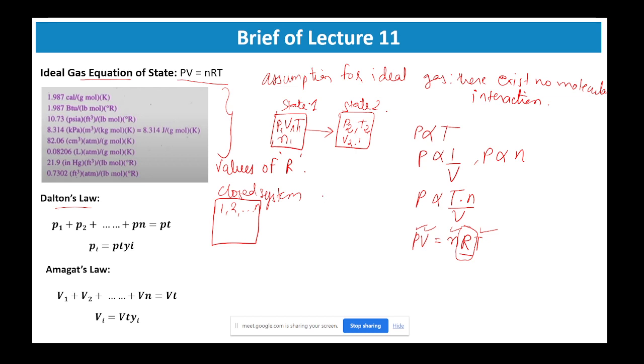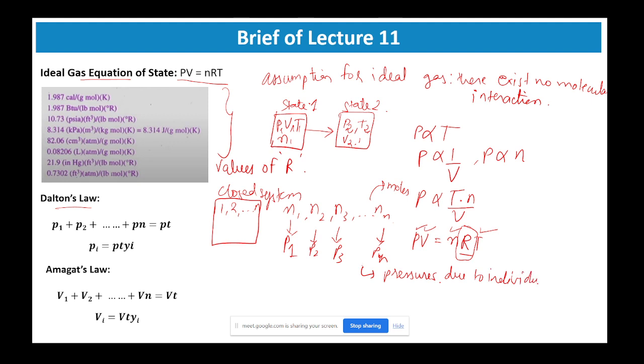Based on the number of moles of each component present, let's say it is N1, N2, N3 up to Nn, there will be some corresponding pressure which is exerted due to each one of them. Sorry, these are moles, these are pressures. Now, pressures due to individual species.